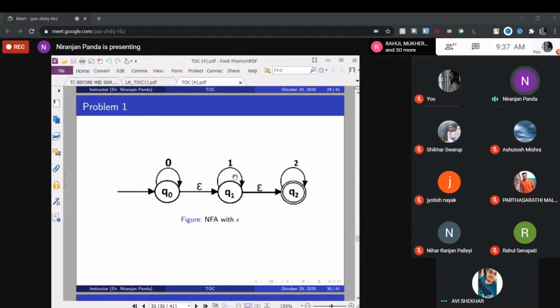Then go for this. Find out its equivalent DFA. And don't think that whatever you have designed there, the same DFA will come. You have to use the conversion steps that I taught.